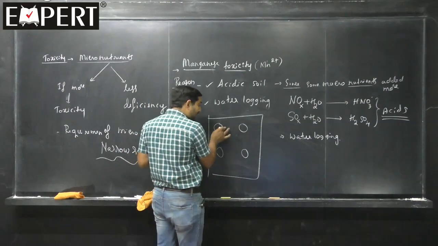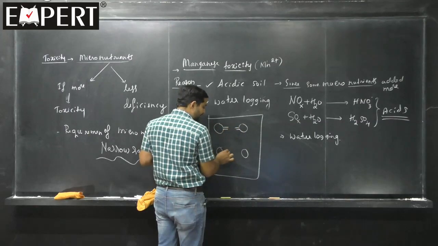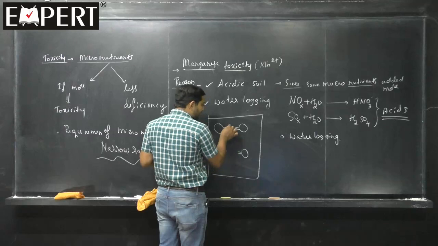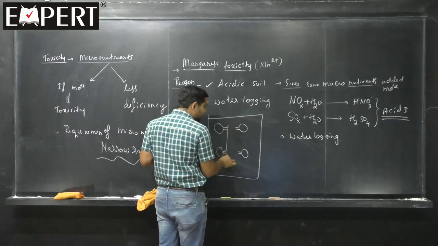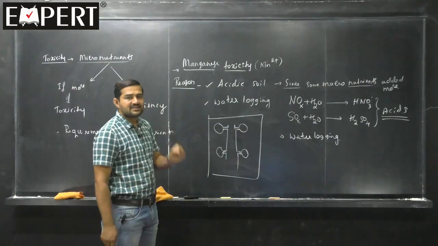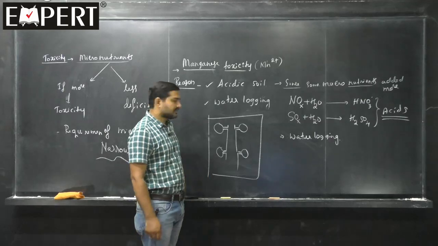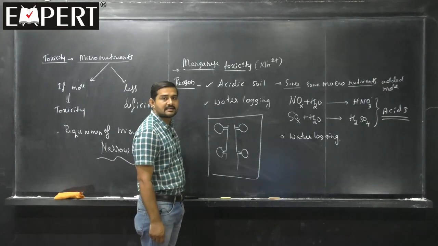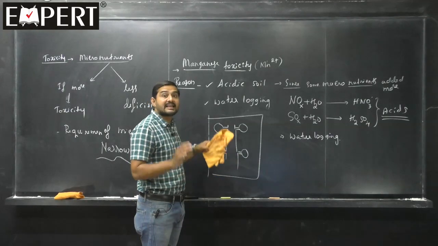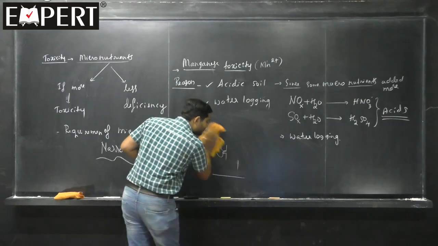There should be a drainage system for each pit. By chance, if a drainage system is not there, then the problem occurs. In the pit, the water starts becoming stagnant. It's called water logging.